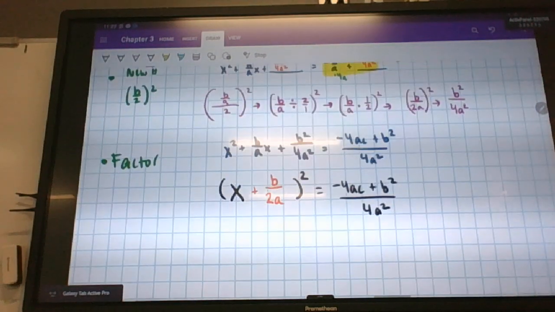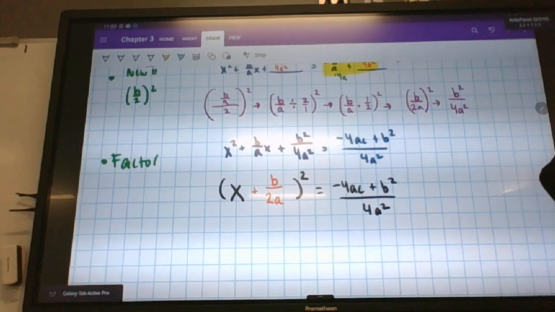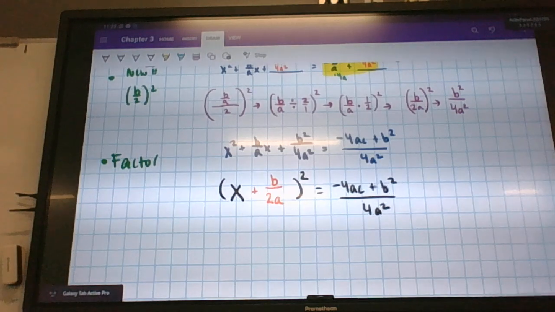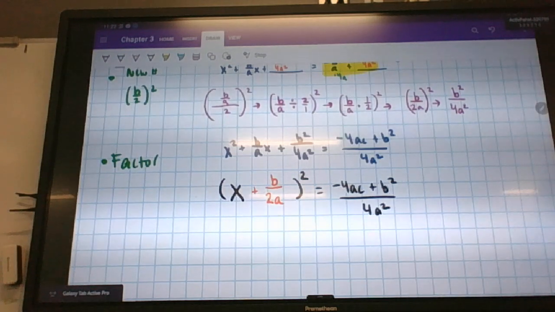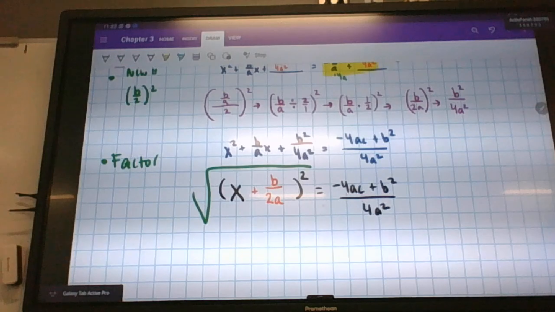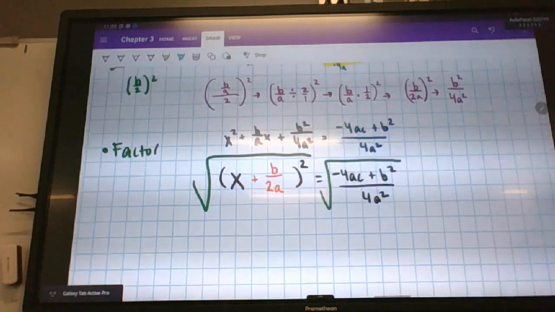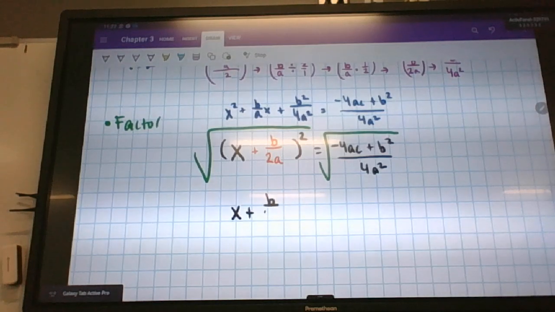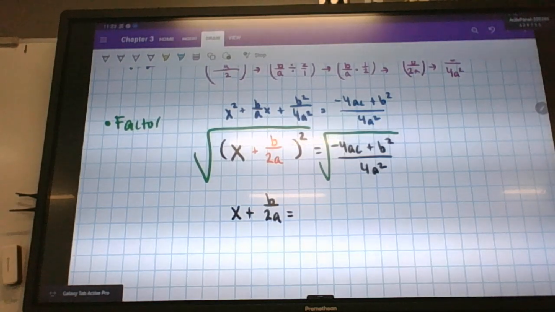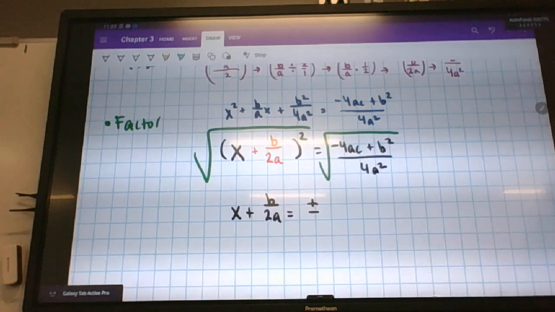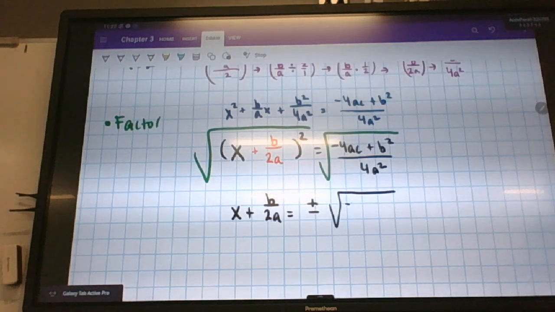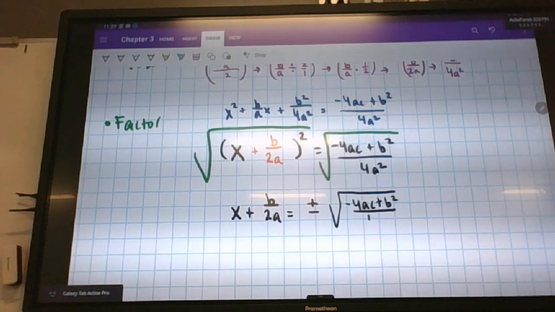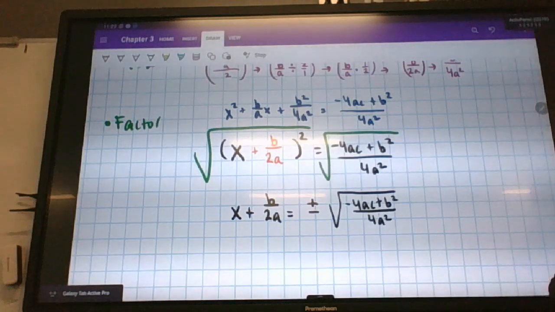All right. Eric, what was the next step after we factored? Square root both sides. Great big old radical bar. X plus b over 2a equals plus or minus. Whoa, we're really close now.